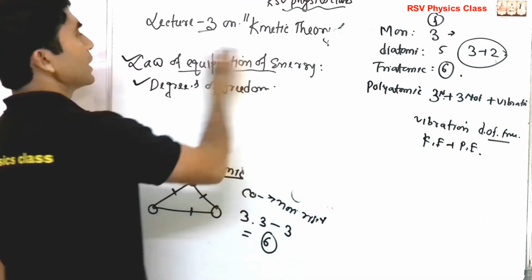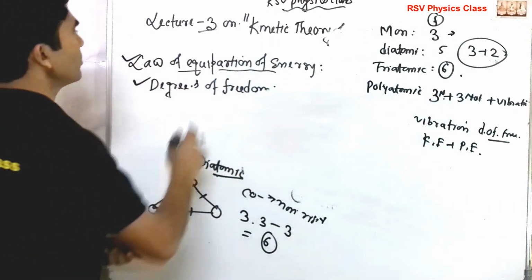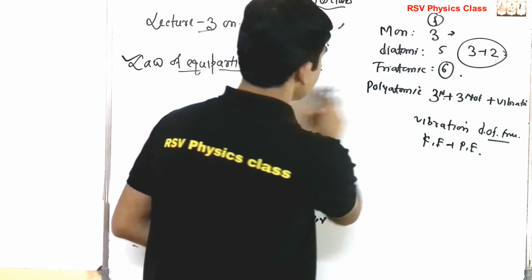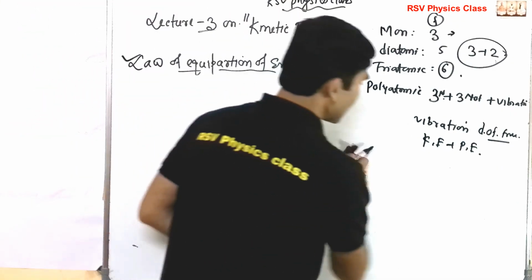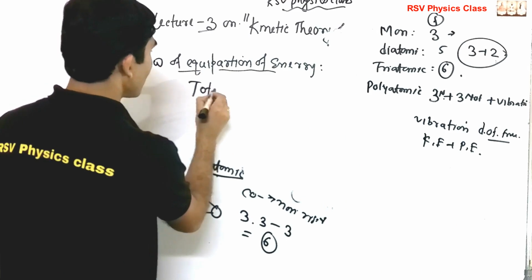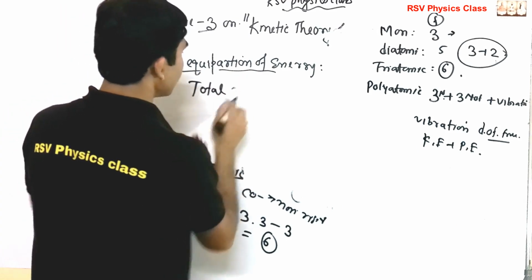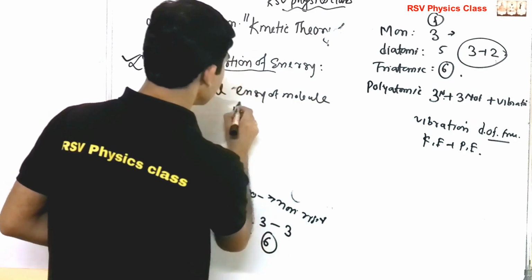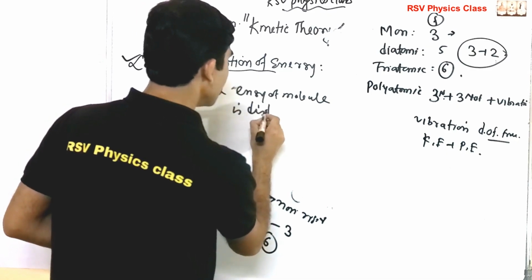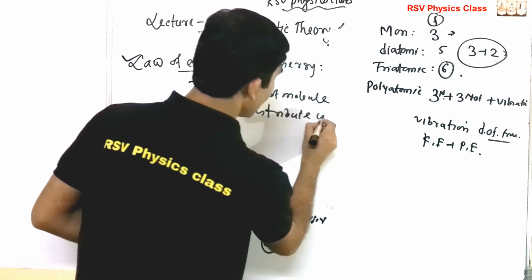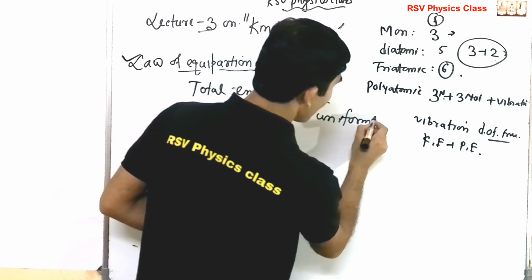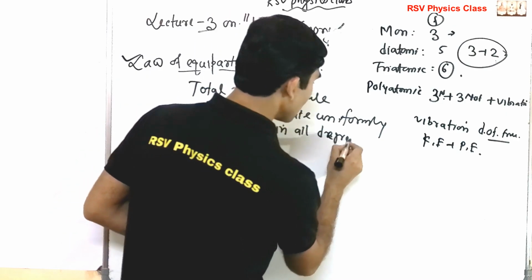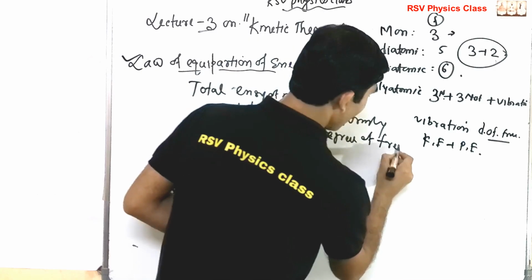Now coming to the law of equipartition of energy. The total energy of a molecule is distributed uniformly in all degrees of freedom.